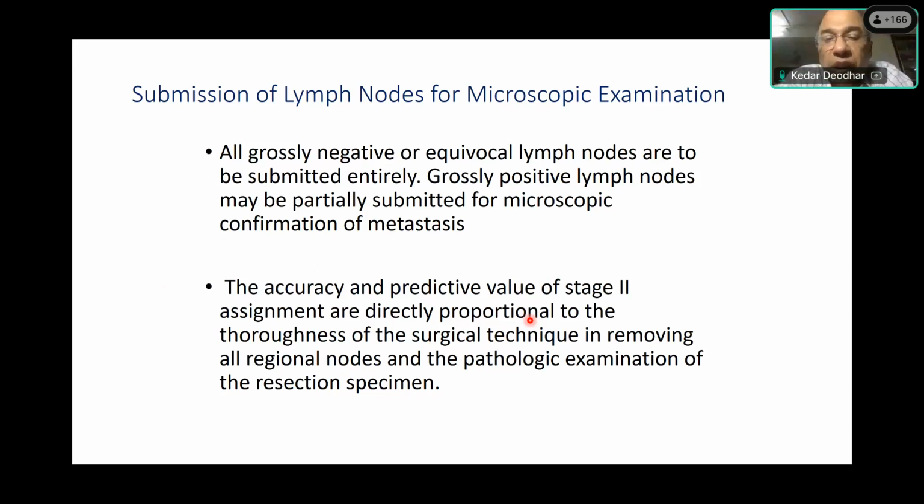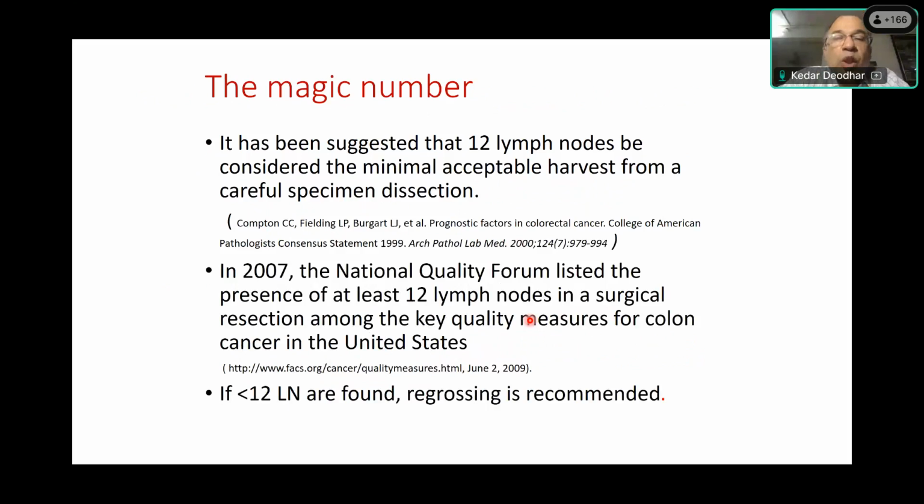Preoperative therapy is not an alterable factor, but surgical technique and careful dissection by the pathologist are two important alterable factors. So we need to have 12 nodes definitely for a colorectal cancer specimen. This is the guideline, which came in 2007, and we need to find 12 nodes. If we have less than 12 nodes, our guidelines state that we should go back to the specimen, try to dissect more nodes, and see if we have any further nodes.